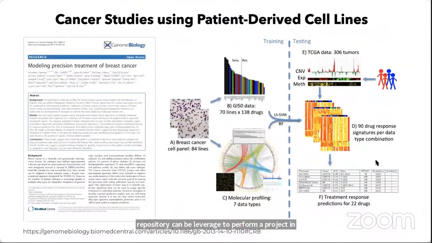On the other hand, we will also deal with data from patient-derived cell lines. These are data that are generated under one roof, in a laboratory, where they consider several patient-derived cell lines and characterize these cell lines for multiple omics data types.